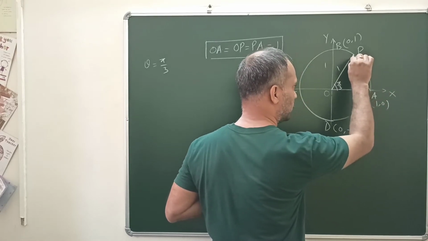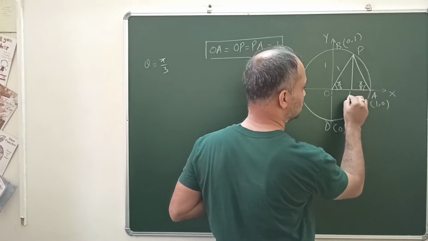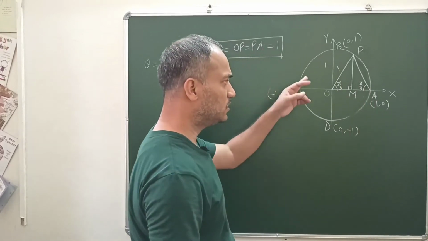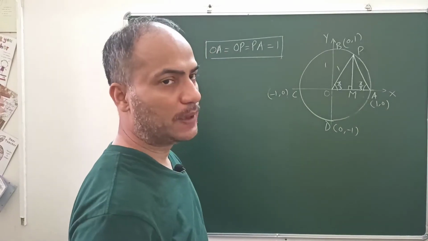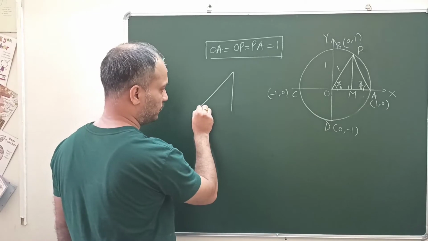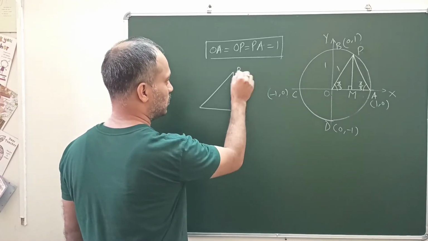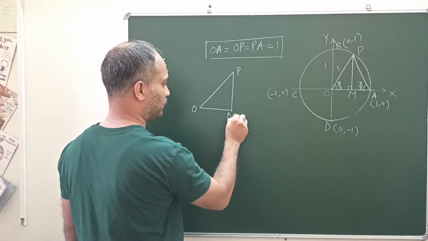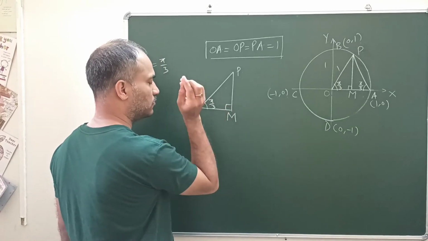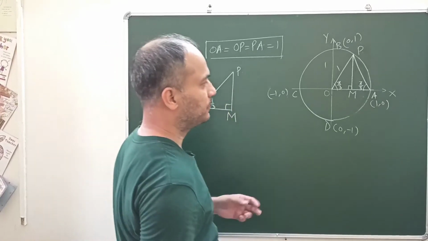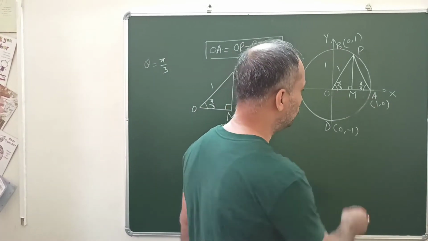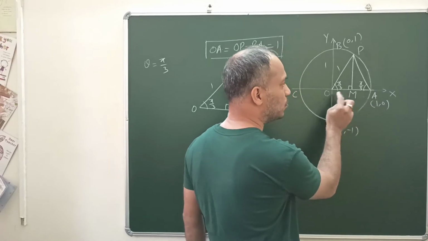Now we draw a perpendicular. Okay, let us call this point M. This is the perpendicular. Now in this triangle POM, this angle is 90, this is pi by 3. This value is 1. Now what do we know about this OA? OA is also 1. But what is this OM?